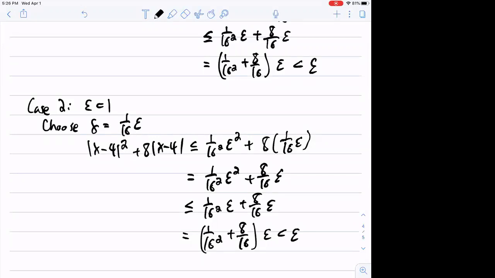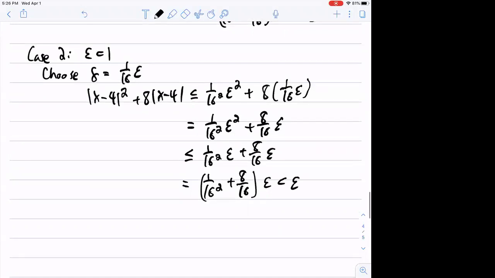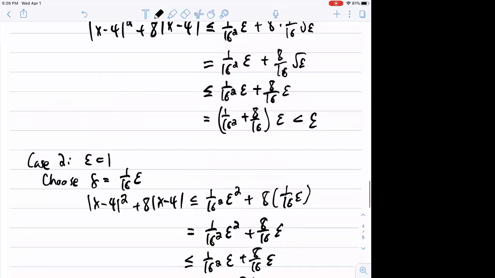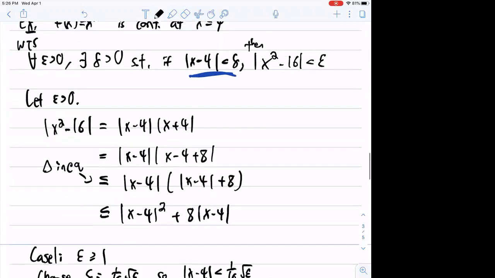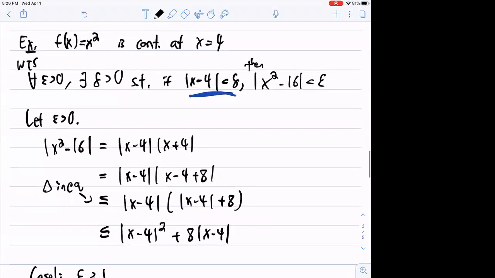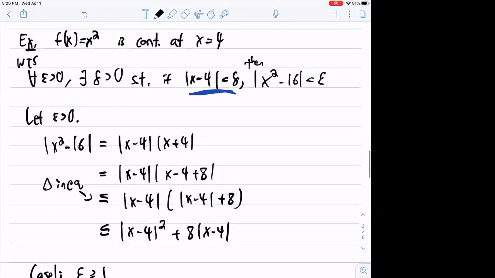For your homework, you're going to have to do x cubed. If you notice, what did I use? I used the fact that x squared minus 16 factors, because you always want to relate it to your delta term.